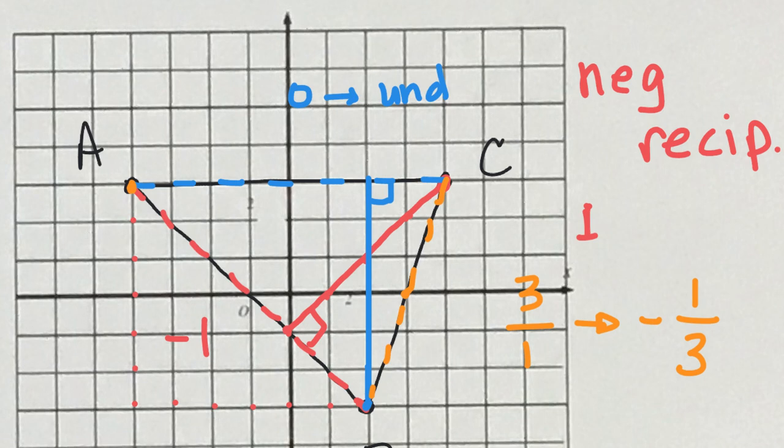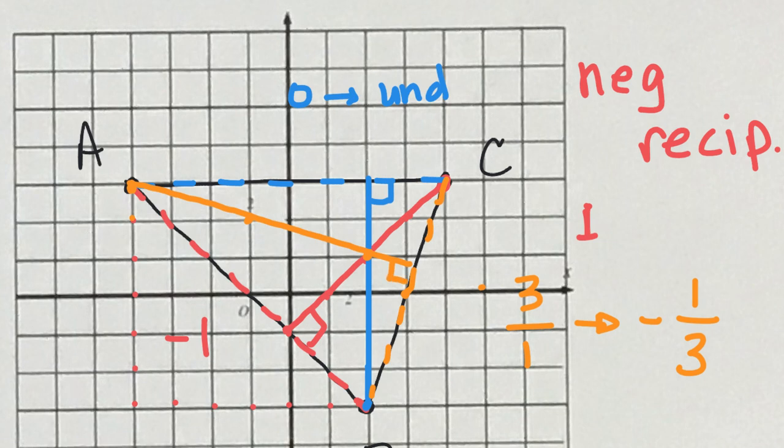I reciprocate 3 over 1 to be 1 over 3, and I make it negative. So from point A, I'm going to go down 1 and 3 units right. Down 1, 3 right, down 1, 3 right. And I do this until I run into my opposite side there at BC.